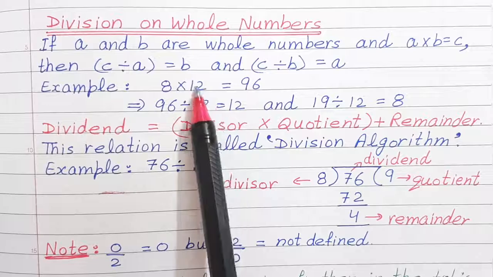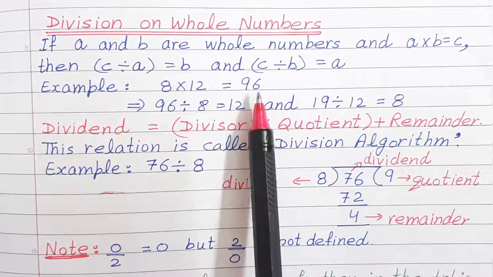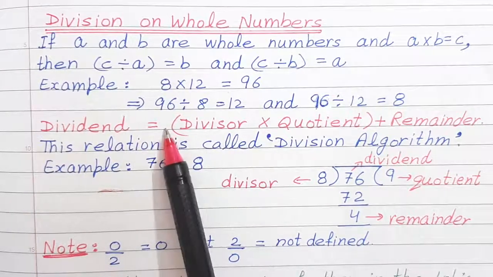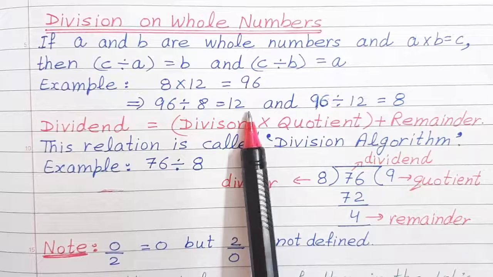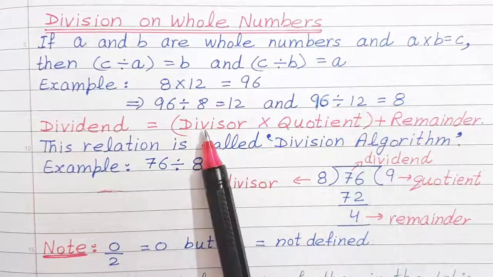And 96 divided by 12 is 8. Right? Similarly, 96 divided by 8 is 12. Right? So vice versa, we will get the answer.